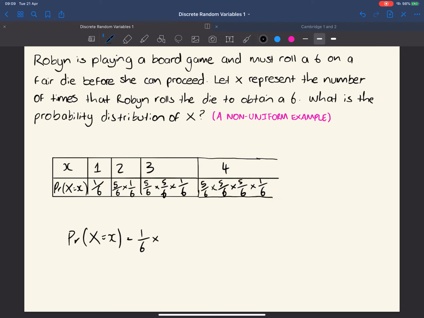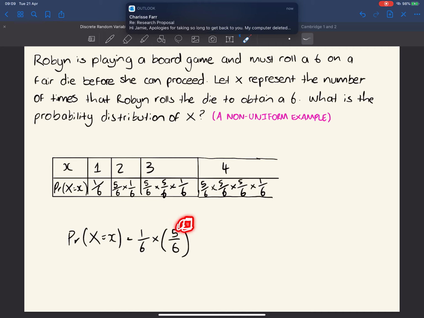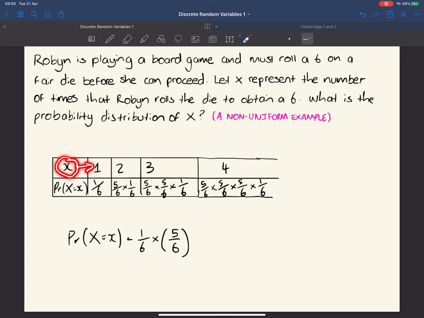So this is how I'm going to represent it. I'm going to represent it like this. 5/6 to the power of, right? This will tell us how many times we're multiplying this by itself. To the power of whatever number this is, so X minus 1, 1 less.